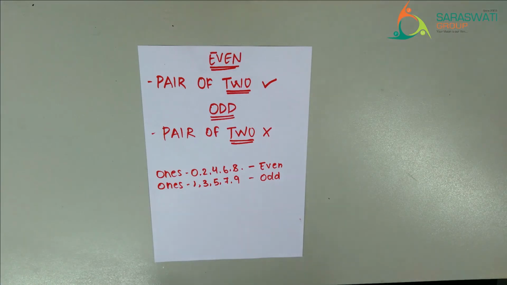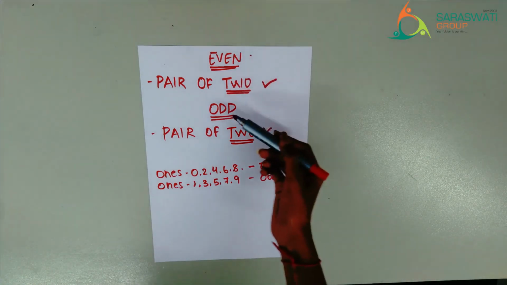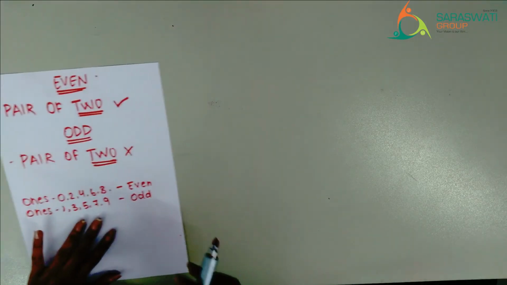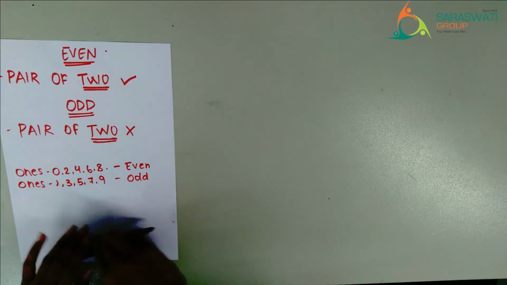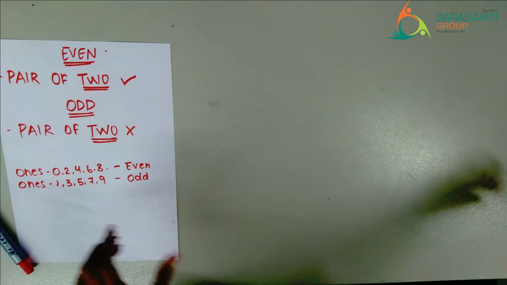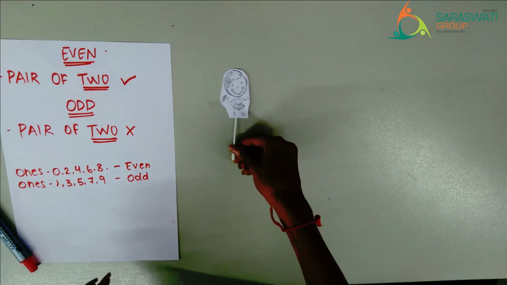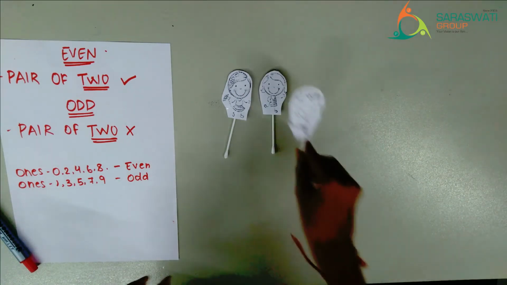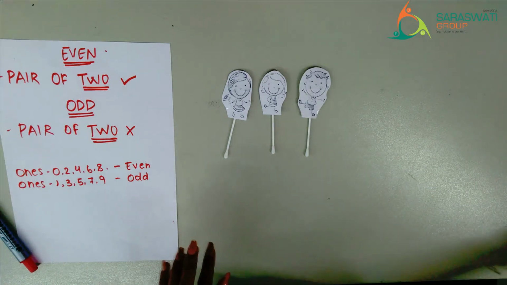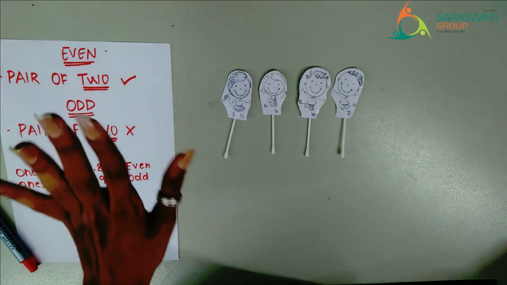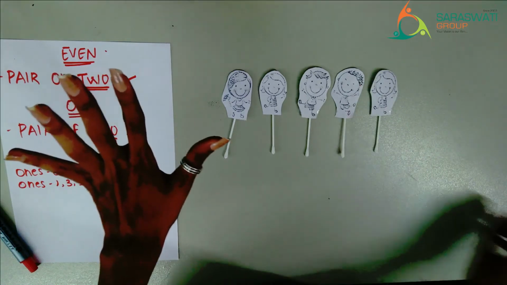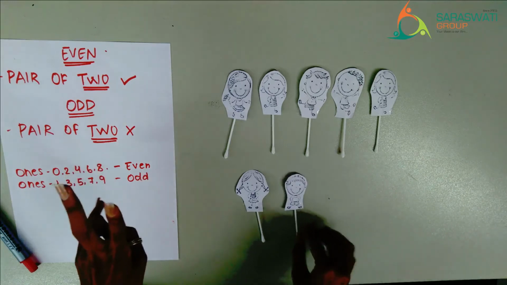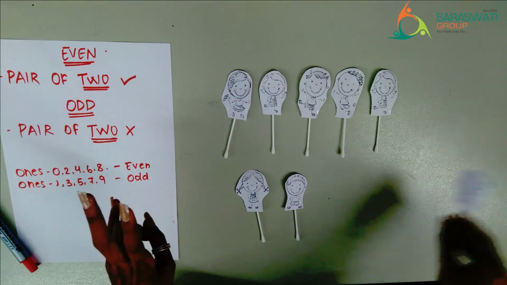So kids, now we are gonna learn even numbers and odd numbers with an example. Now a group of friends are going for a picnic. Let's say friend number 1, friend number 2, friend number 3, friend number 4, friend number 5, friend number 6, friend number 7 and friend number 8.